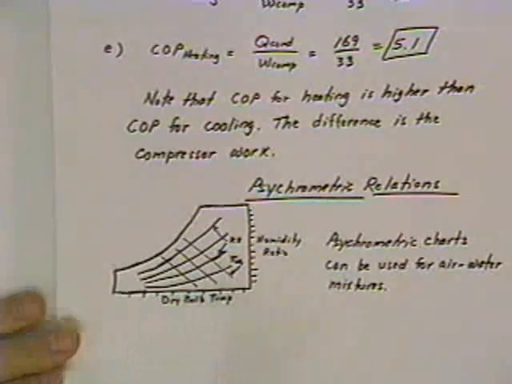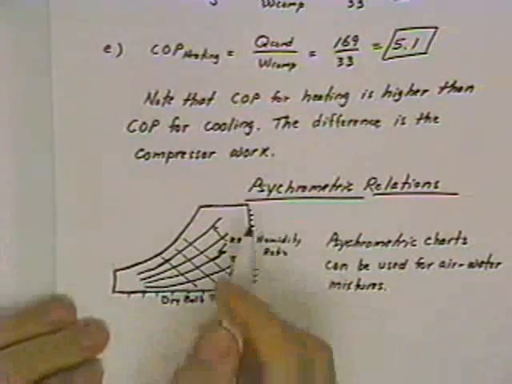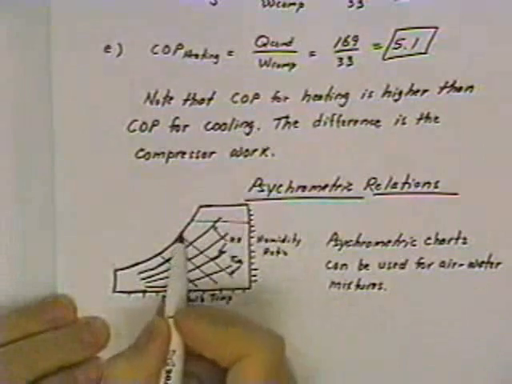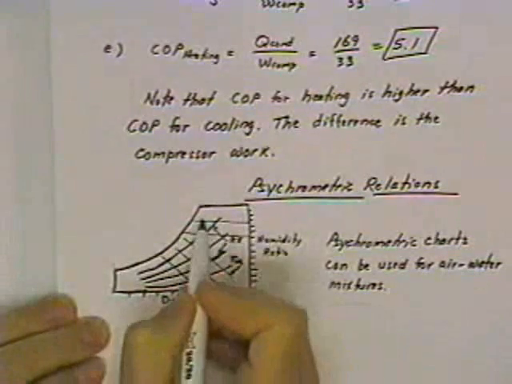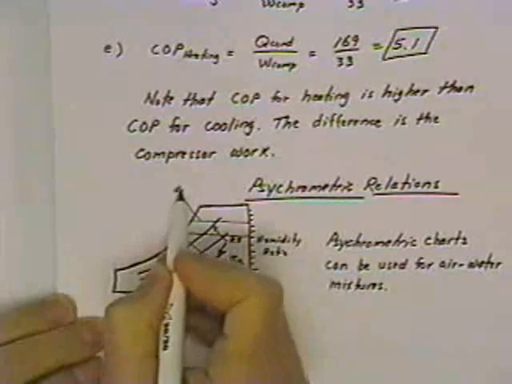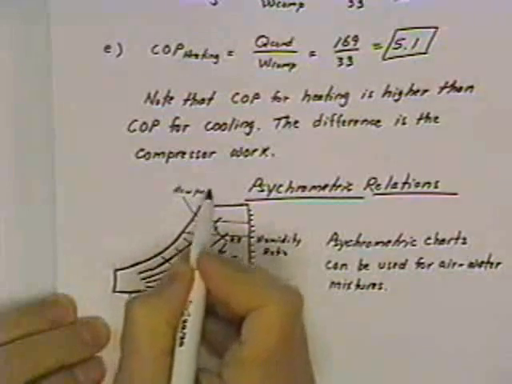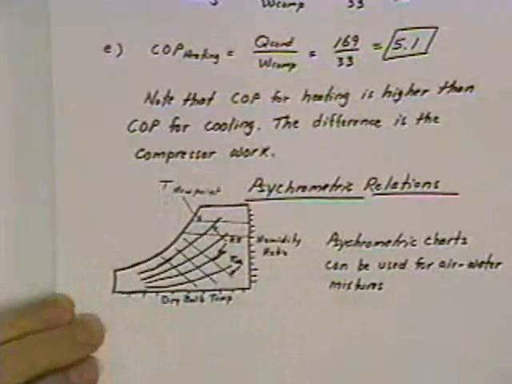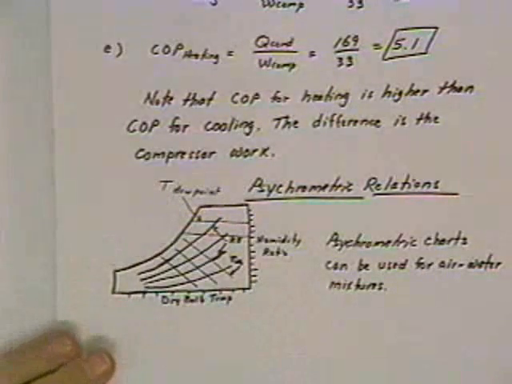And then horizontal lines, which I haven't drawn, but I'll go ahead and draw them up here out of the way so they don't create too much interference. Horizontal lines are lines of constant dew point temperature, and the dew point temperature is the temperature at which condensation starts to occur.